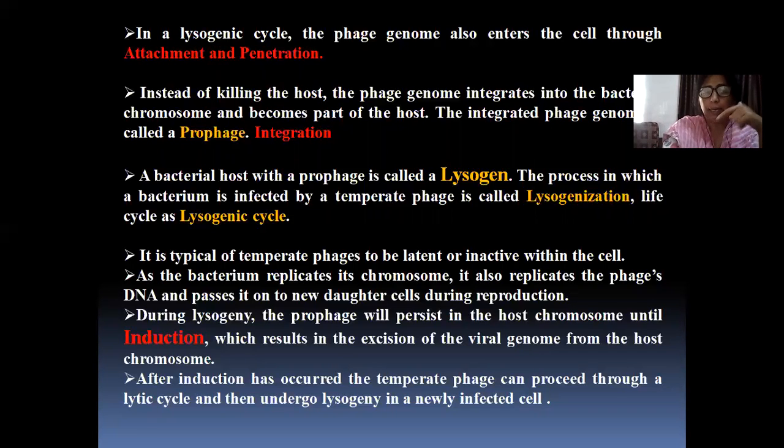During lysogeny, the prophage will persist in the host chromosome until an induction is received, or the bacterial cell cannot survive the phage. What the phage does is remove itself, or excise its genome, from the bacterial genome, replicate itself, and enter a lytic cycle.